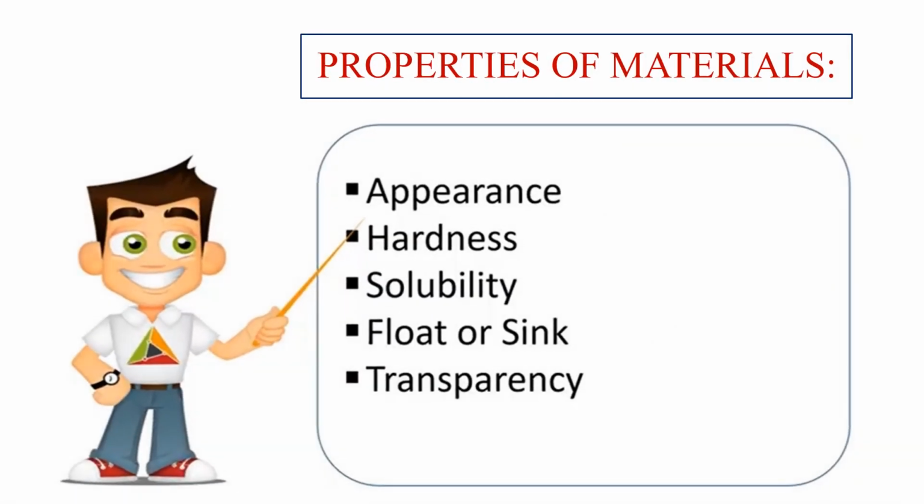Some properties of materials are appearance of the material, hardness or softness of the material, solubility of the material in water, whether the material float or sink in water, and the transparency of the material. We are going to discuss all these properties in the next sessions.